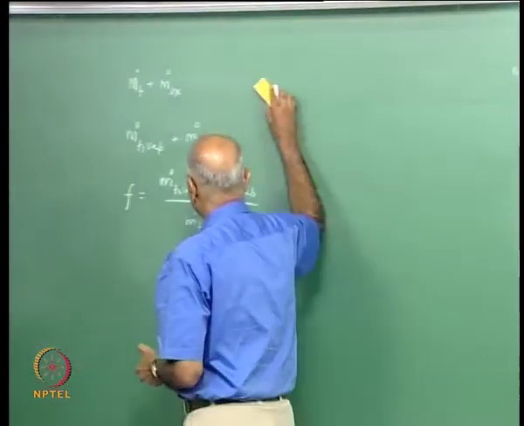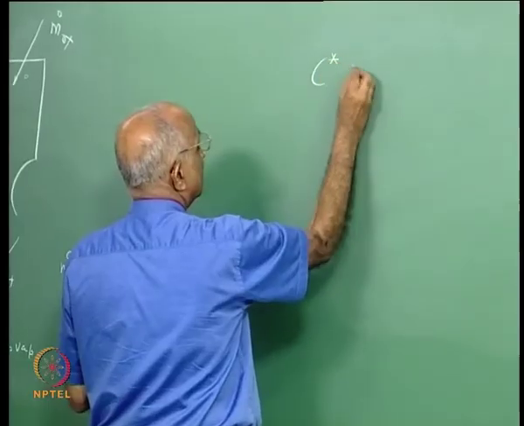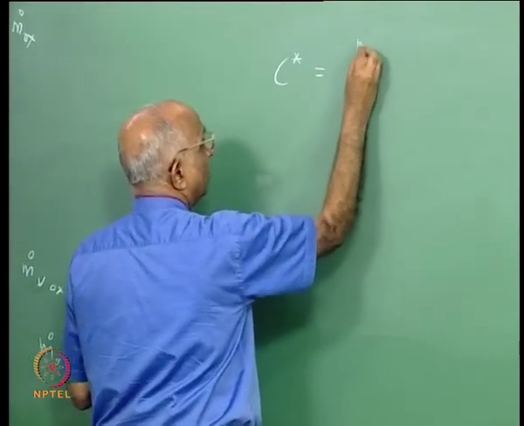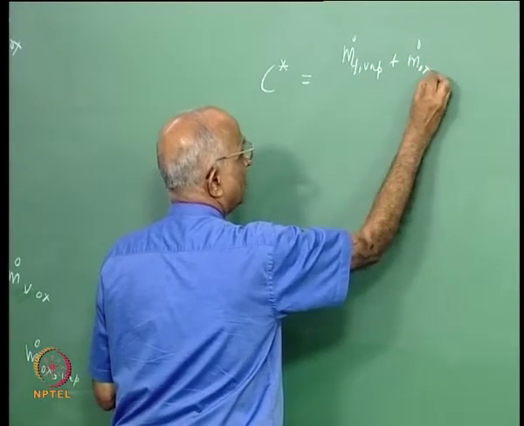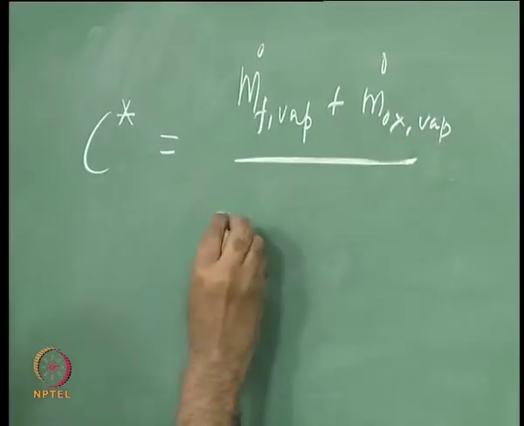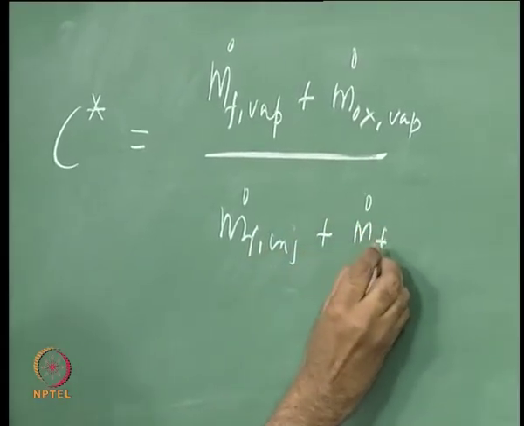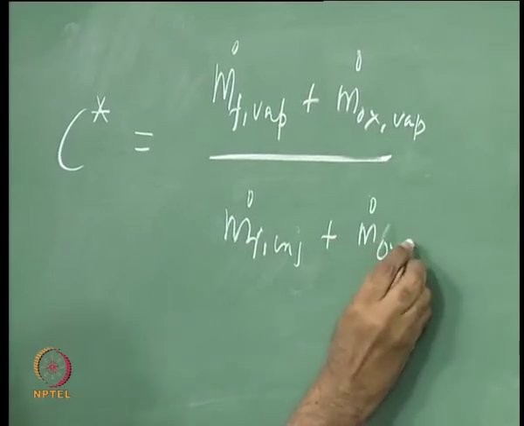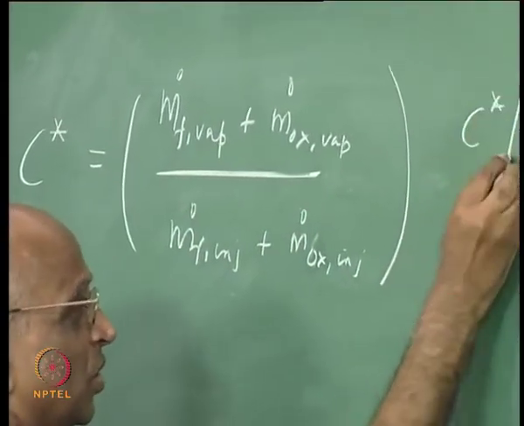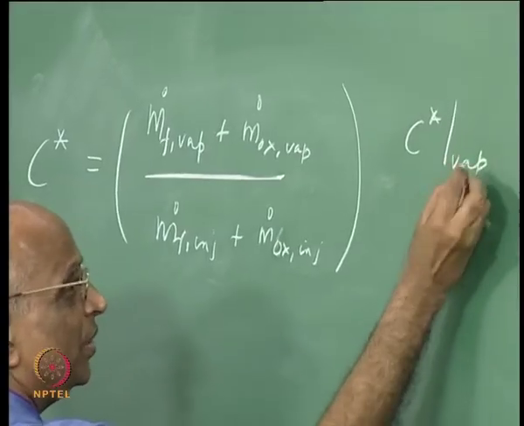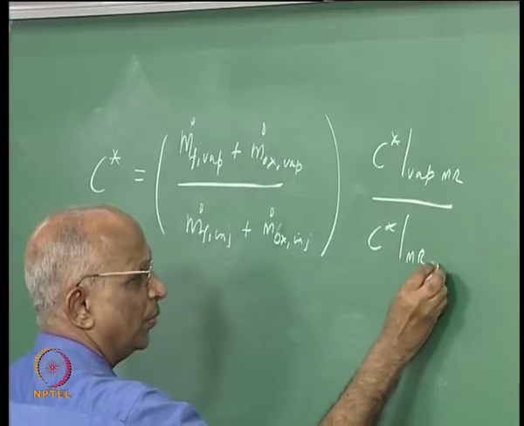Therefore, I tell myself the C star due to evaporation being limited can be written as fraction coming over here, which is equal to m dot fuel which is vaporized plus m dot oxidizer which is vaporized, divided by m dot fuel corresponding to injection plus m dot oxidizer corresponding to injection, into the value here which is C star corresponding to what is being vaporized mixture ratio, and this is C star corresponding to mixture ratio corresponding to injection.